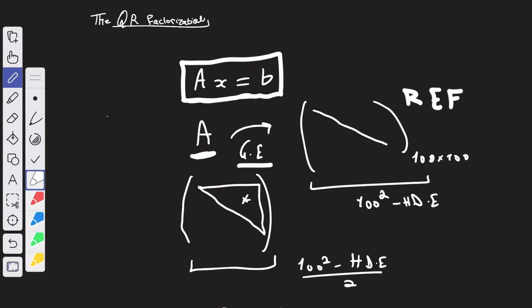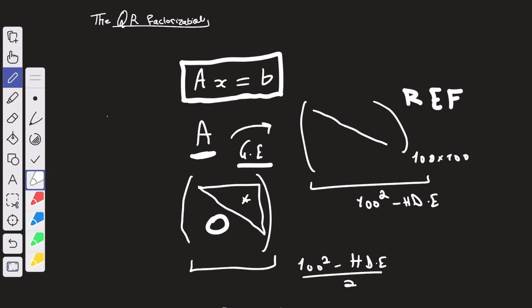This is not the only useful property or application of the QR factorization, but it is one way to motivate it. Suppose that instead of a full matrix A, you had an upper triangular matrix, meaning it has zeros below the diagonal.